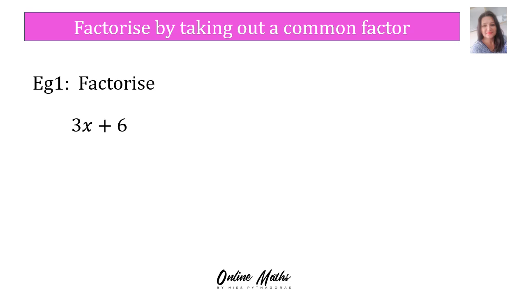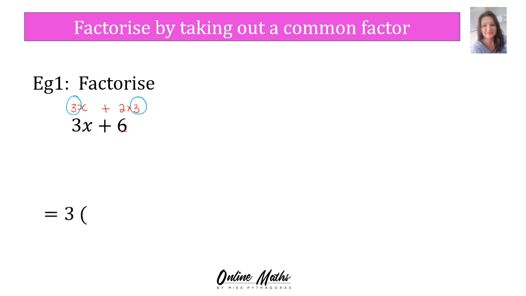Do you agree this is 3x plus, and the factors of 6 are 2 times 3. When we factorize, we pull out the common factor that's common to both terms, and that will be the 3.